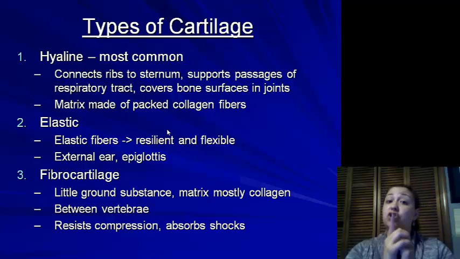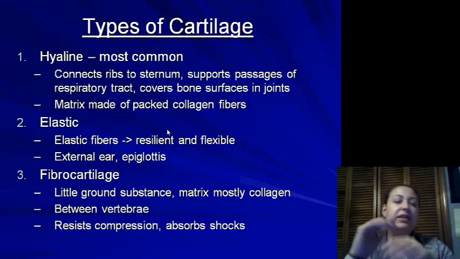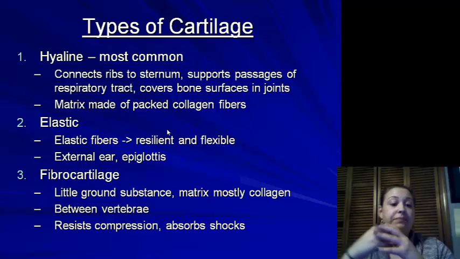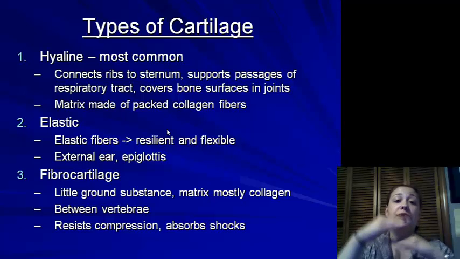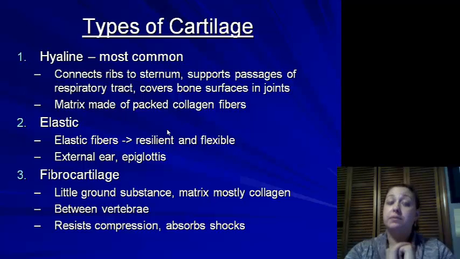We see this in the external ear and the epiglottis, which is the flap which covers our windpipe. Fibrocartilage has very little ground substance. The matrix is mostly collagen. It is between our vertebrae and is resistant to compression and absorbs shock.